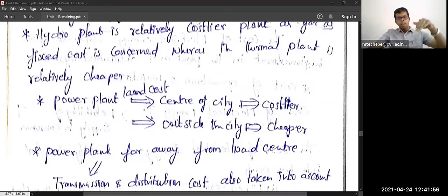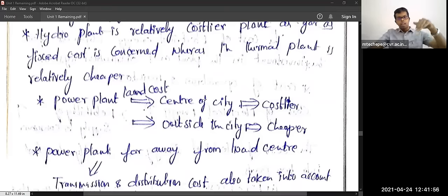Next, coming to the power plant land cost. If you are locating the power plant in the center of the city, it might be very costly. If you locate it outside the city, it is very cheaper. If you want to install a thermal power plant inside the city itself, you need to buy some acres of land.